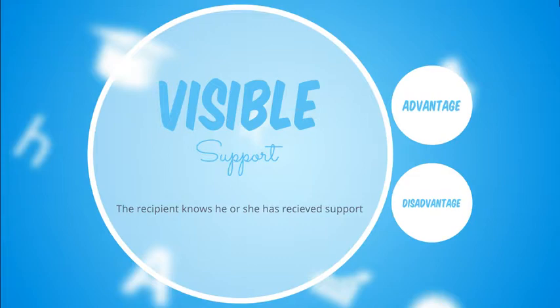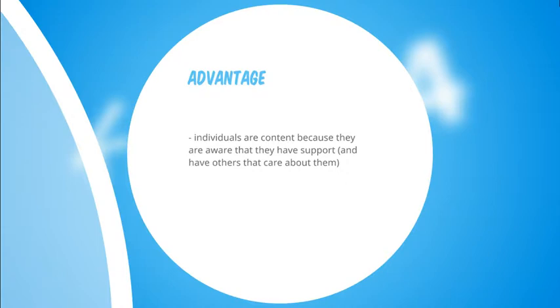So that's how it is visible support. An advantage to visible support is that individuals are content because they are aware that they have the support and have others that care about them. So John sees how much Mary cares and wants to keep him on track with his training.